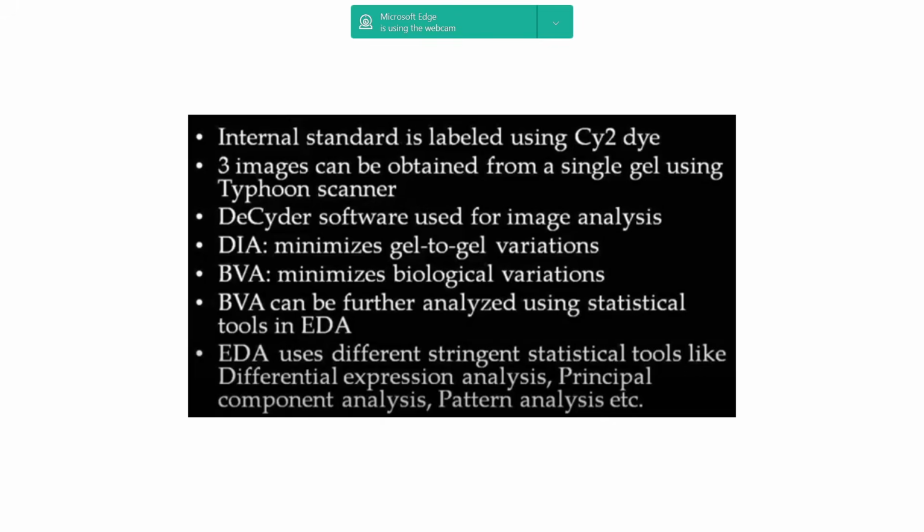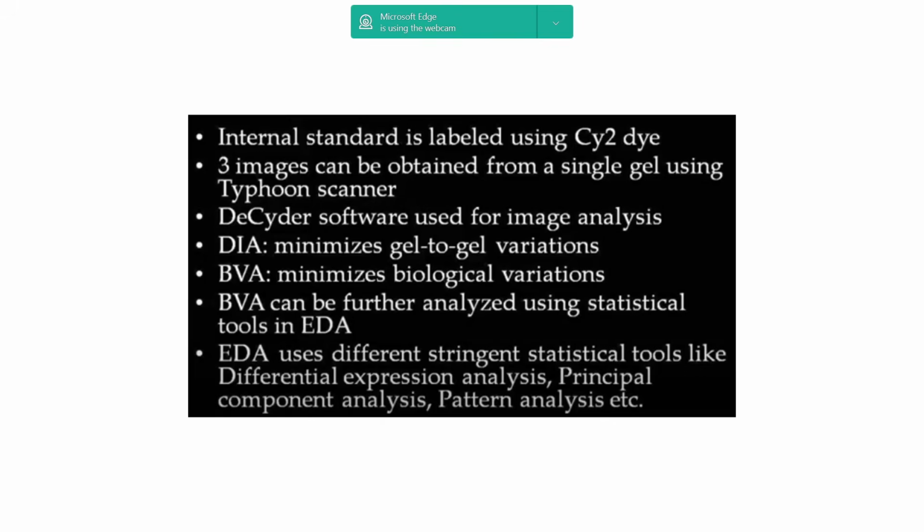There are different software available. One of them is DeCyder software, where image analysis can be performed. There are different short forms used in the software itself. DIA is for minimizing gel to gel variation.